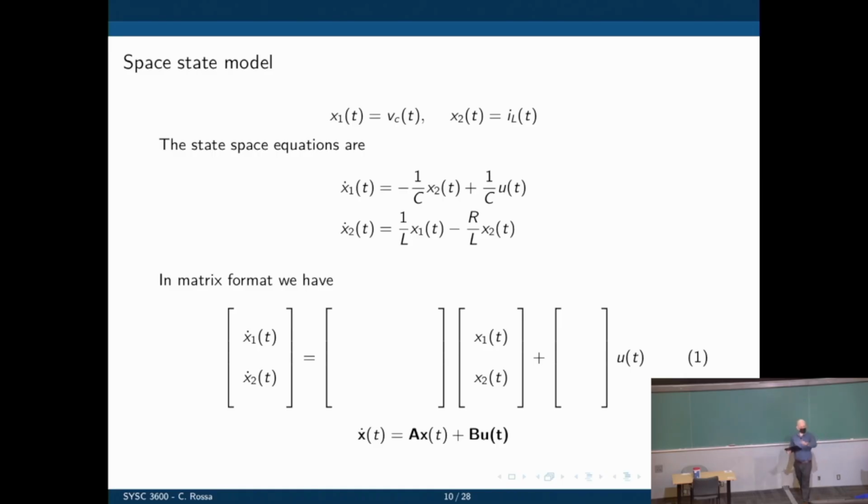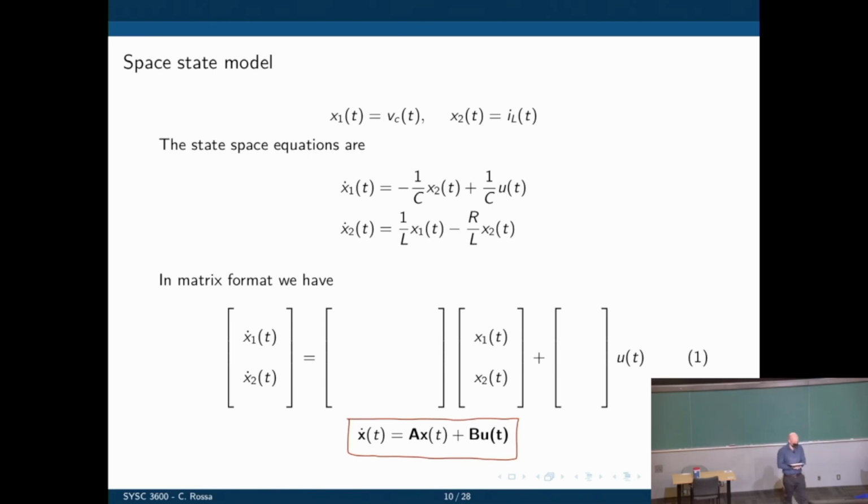I just divided both sides by L. So we now can explicitly see the rate of change of each state. And now we want to write these equations in a matrix form. And this matrix form will always take this format highlighted here: x dot equals Ax plus Bu.